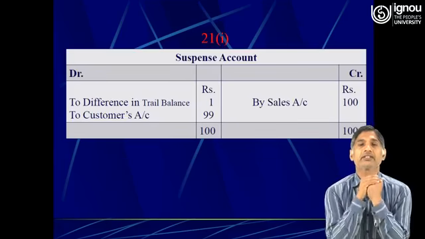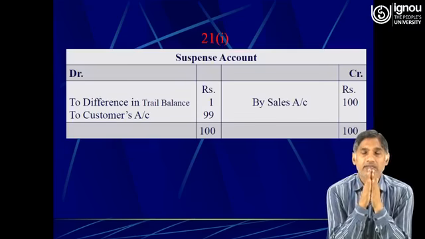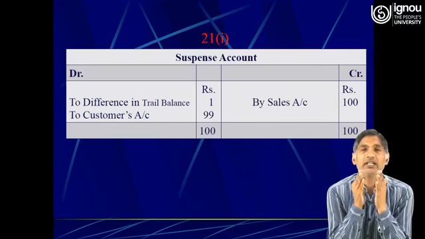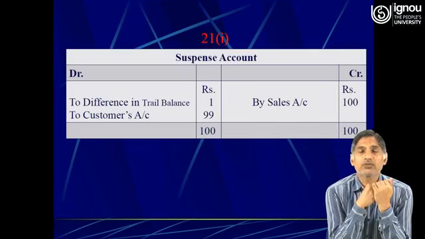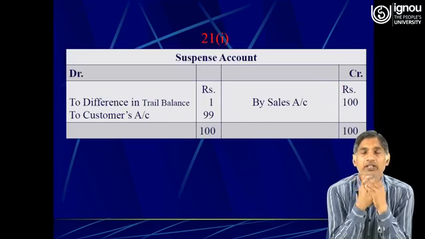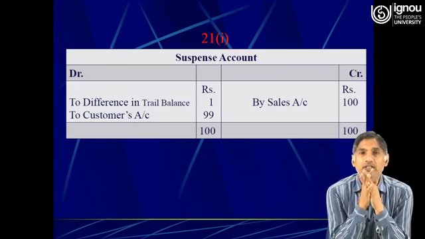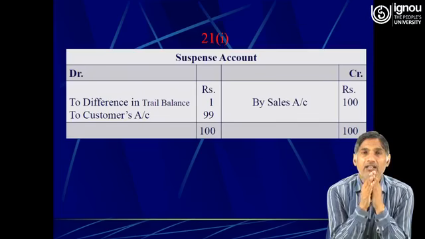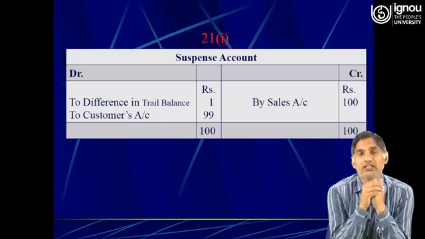here it is pertinent to note that the suspense account is a temporary account. So suspense account automatically gets closed. So when we try to locate the errors, if the suspense account is not tallied, it means that there are definitely some errors which have not been located yet.